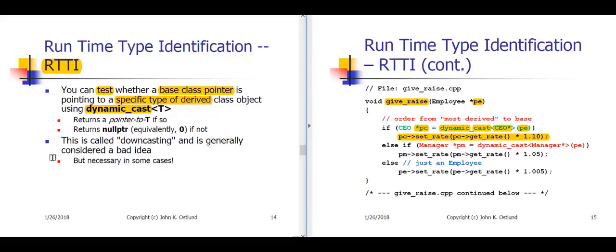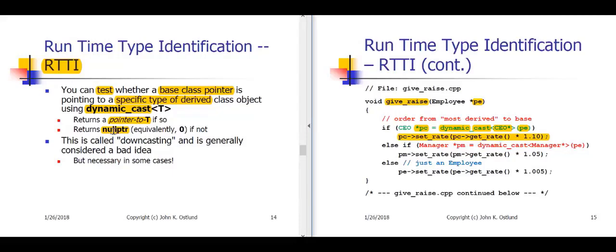Okay, so to skip back to slide 14 for just a moment, if a base class pointer really is pointing at a derived type object specified as your dynamic cast type, then you will get back a pointer to T. Otherwise, you'll get back a null pointer, or 0, which will test as false.